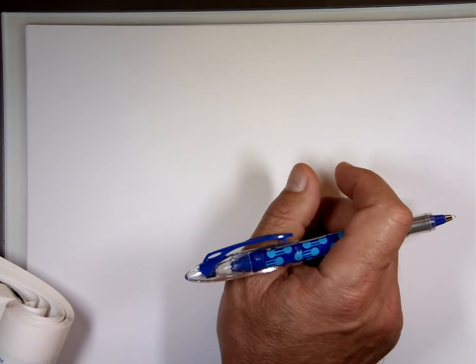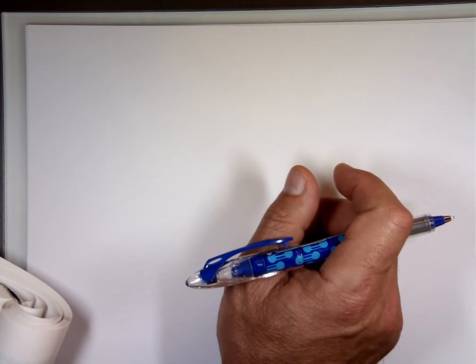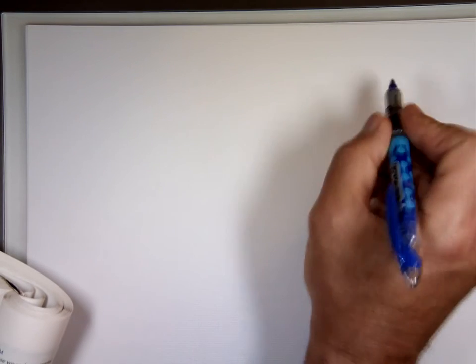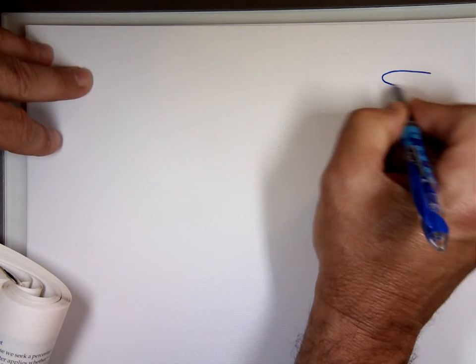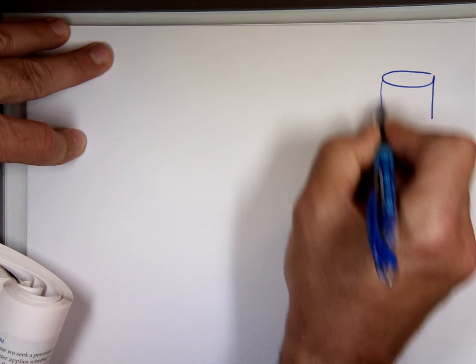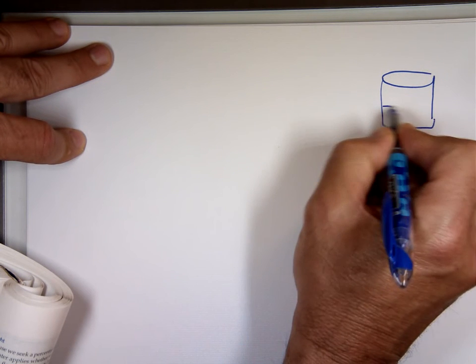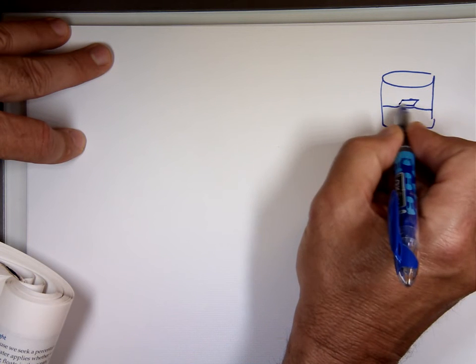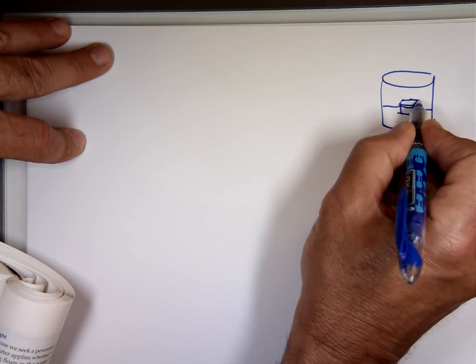Maybe I can come up with an equation. So let's take this problem. This is the water, and now what we have is a portion of that submerged in water.